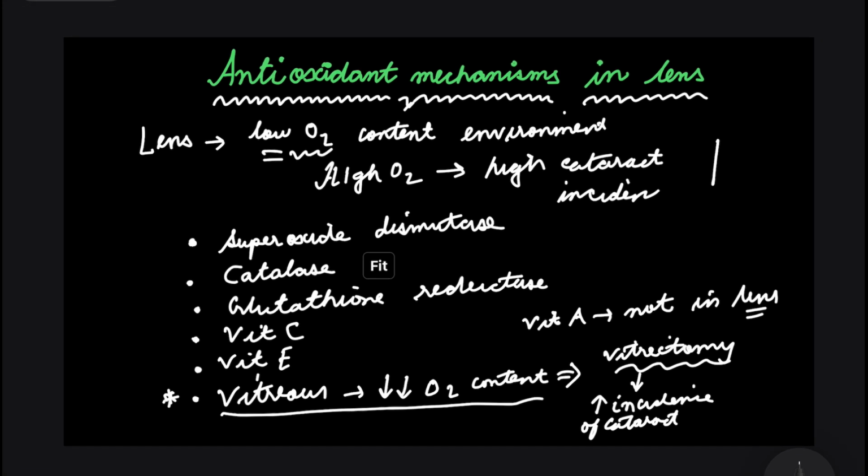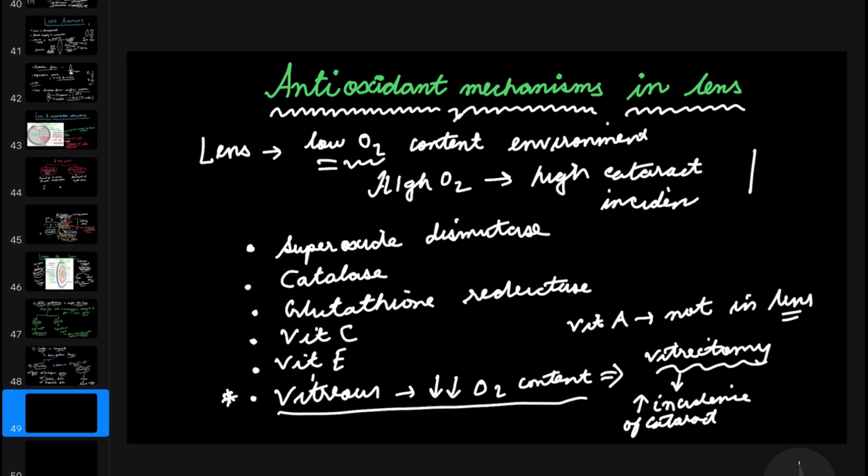After dealing with just another small topic, we will go into the proper metabolism of the lens. When I talk about the proper metabolism of the lens in this video, this statement of the lens requiring a very low oxygen content is going to be very handy. So do make a mental note of this statement.